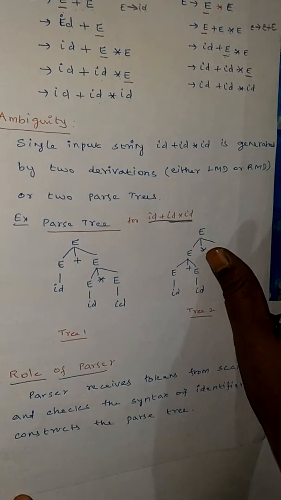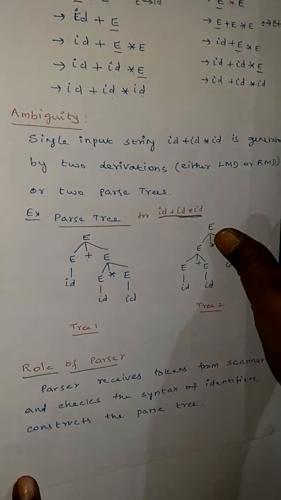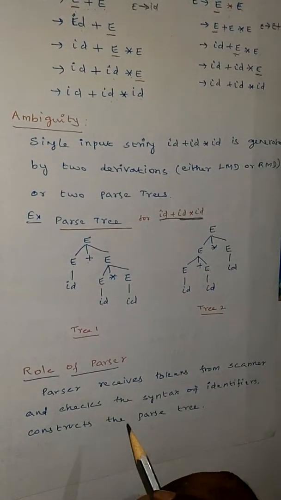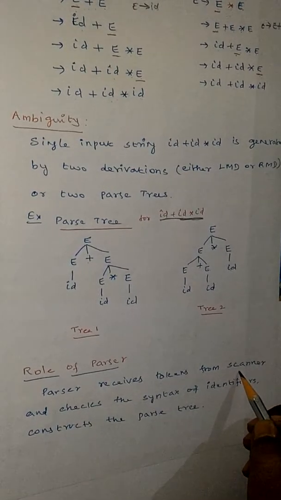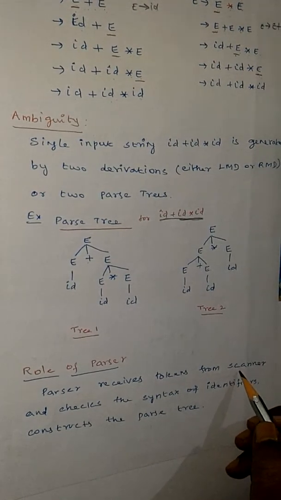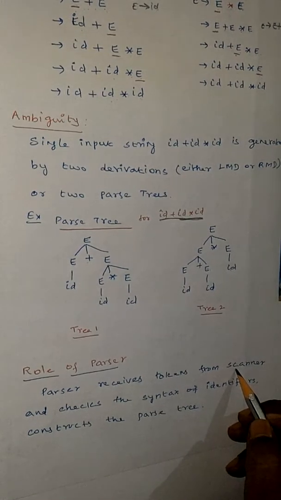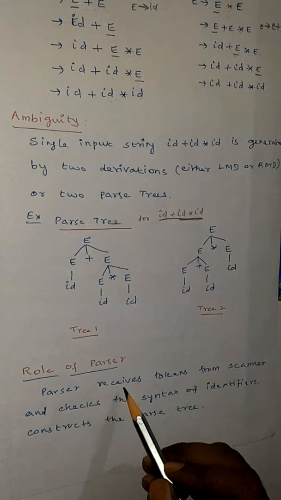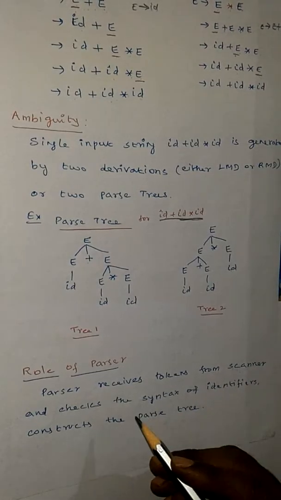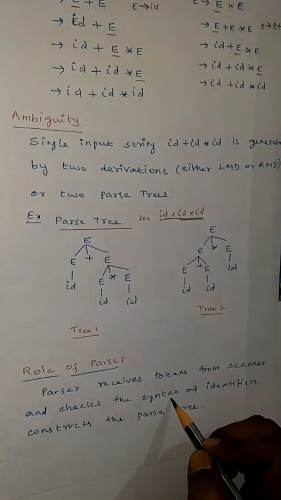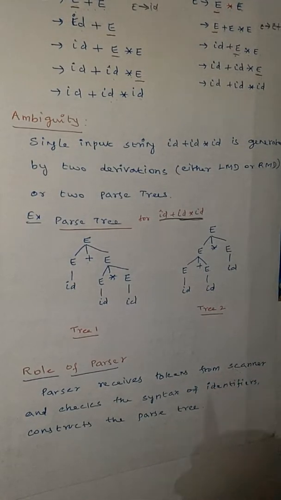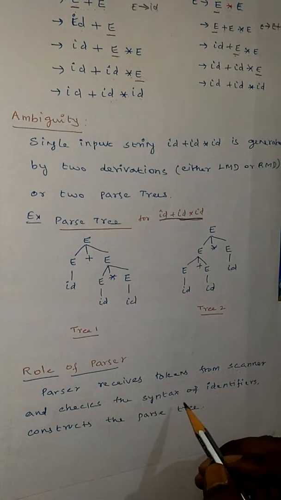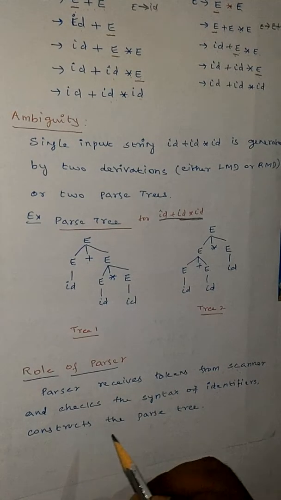And here the parser receives the tokens from the lexical analyzer or scanner. Another name of scanner is lexical analyzer. The parser receives the tokens from the scanner, and it checks the syntax of each and every token. The tokens belong to identifiers, operators, keywords, etc. Then using those tokens, it will construct the parse tree.